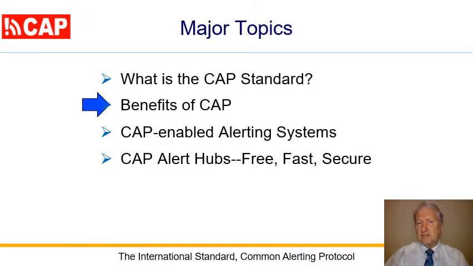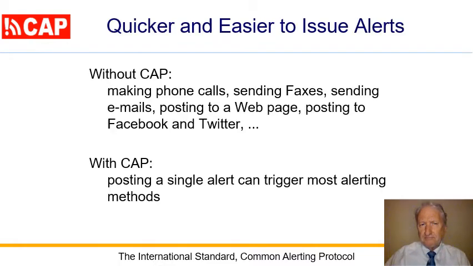So I'd like to highlight certain benefits of CAP. CAP makes it quicker and easier to issue alerts. Alerting authorities without CAP issue alerts by making phone calls, sending faxes, sending emails, posting to web pages, posting to Facebook, Twitter, and so on.